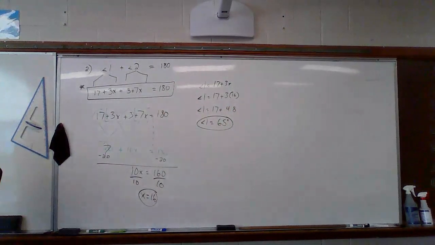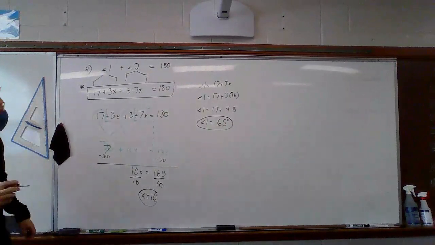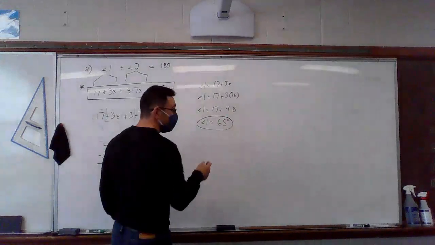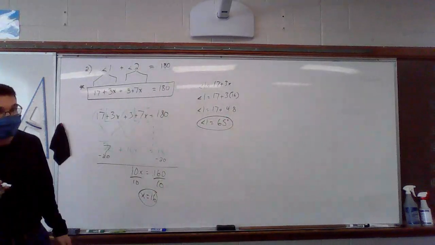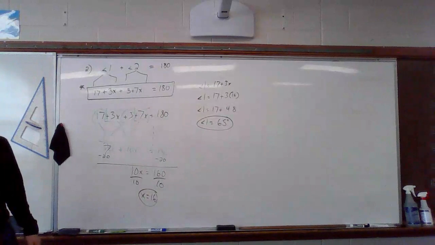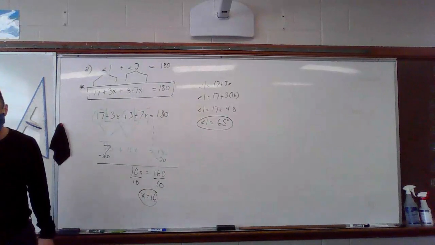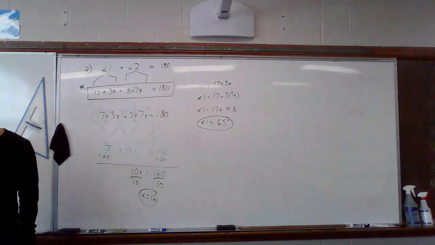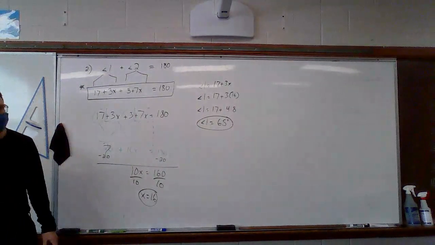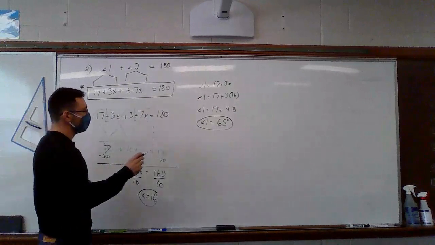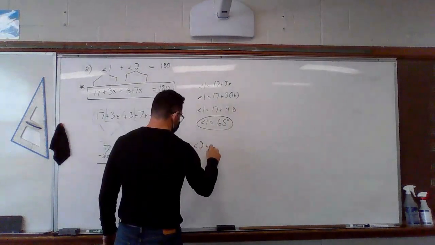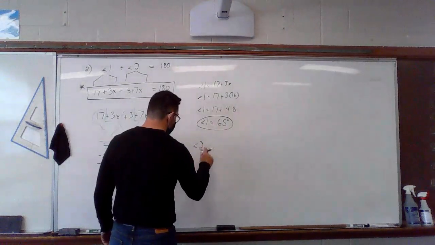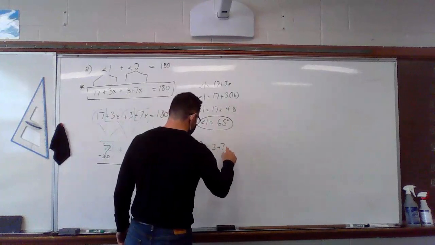Whew. How are we going to find angle 2? I could do 180 minus 65 if we remembered supplementary. What else could we do? What's angle 2? What did we say angle 2 was? McKenna? Positive 3 plus positive 7x. Yeah, angle 2 is 3 plus 7x.